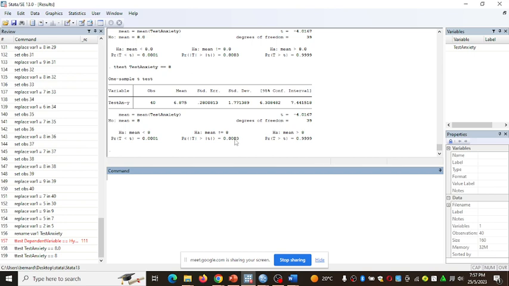Then you will make your conclusion and say the mean for test anxiety is indeed not equal to 8. So we are not going to tell whether it is greater or less, but our claim was to test whether it is equal to 8.